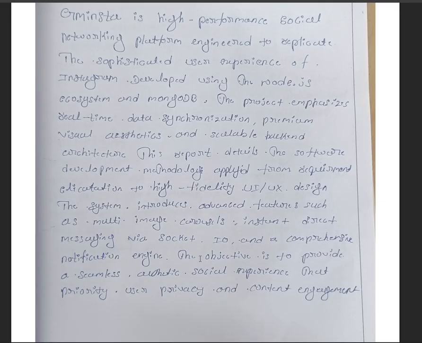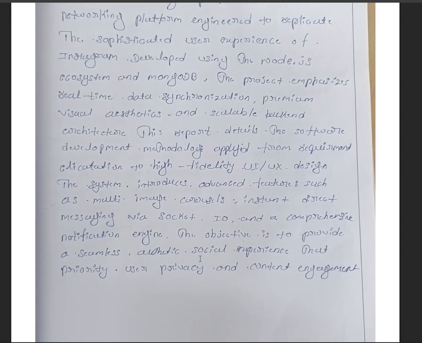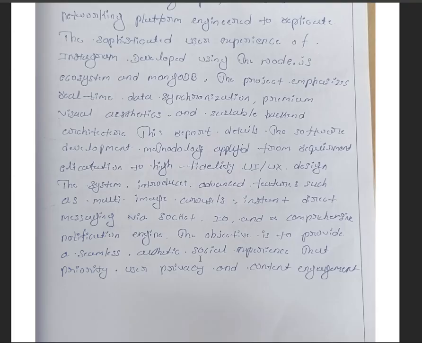The project emphasizes real-time data synchronization, premium user experience, and scalable backend architecture. This report details the software development methodologies applied from requirement analysis to user friendly UI UX design. The system introduced advanced features.